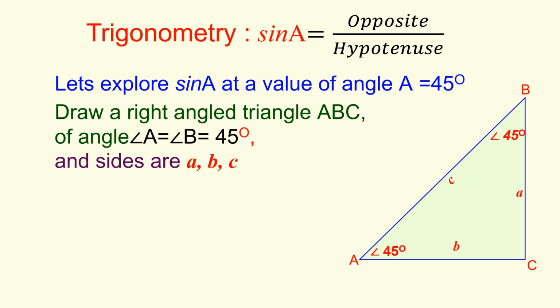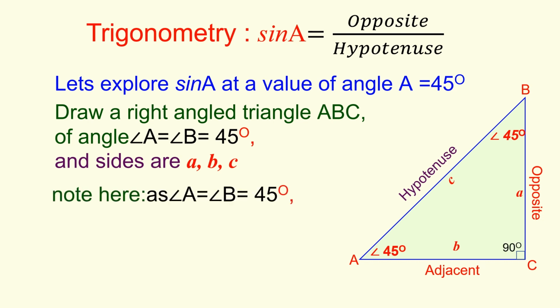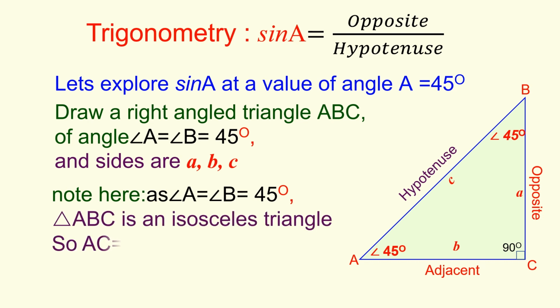Let's explore now sine of angle 45 degrees. Draw a right angle triangle ABC with angle A equals angle B equals 45 degrees and angle C equals 90 degrees, with sides a, b, c. Triangle ABC is an isosceles triangle. Side AC equals BC equals a.